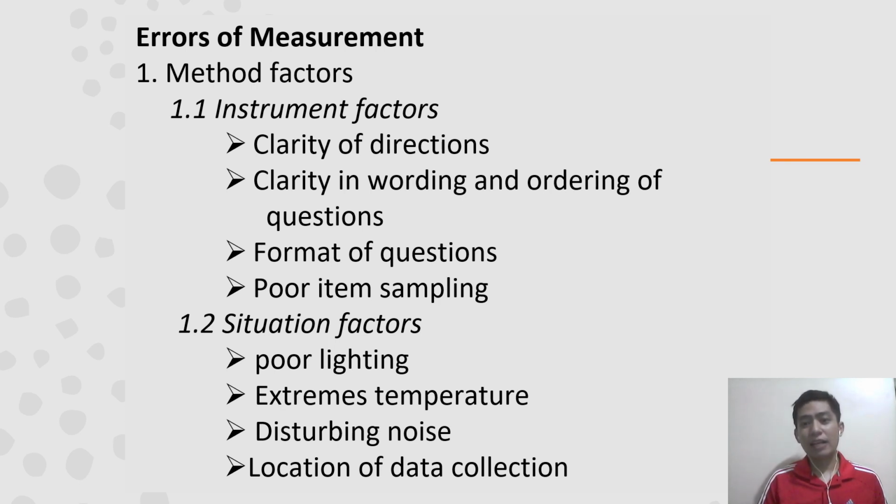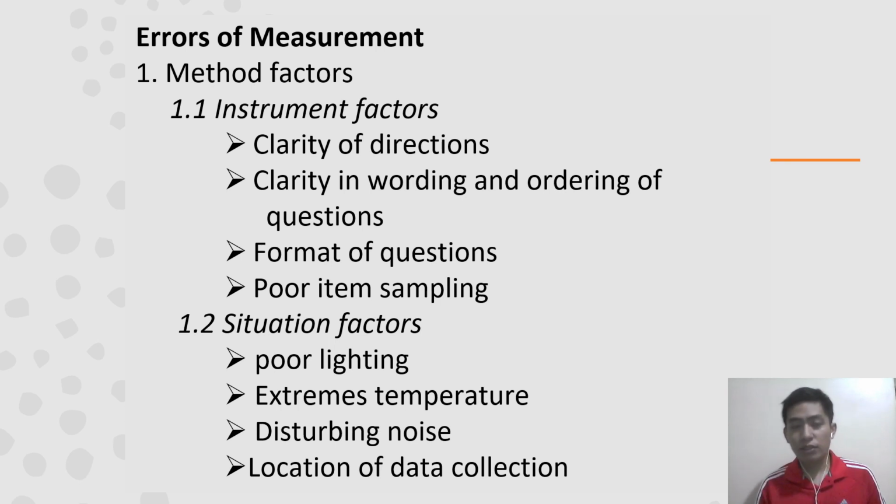So please clarify your direction, the clarity of wording and ordering of the questions. You can cluster or bracket your questions per component, and the format of questions. Though some of the literature prefers all positive questions, we can use a double negative question for us to check the validity of the respondents' answers.